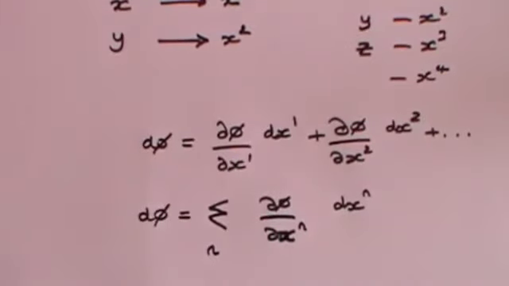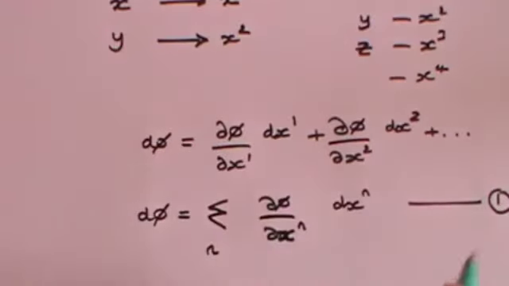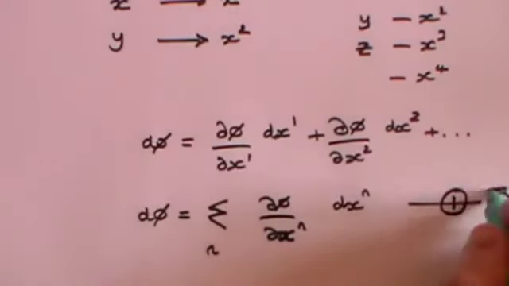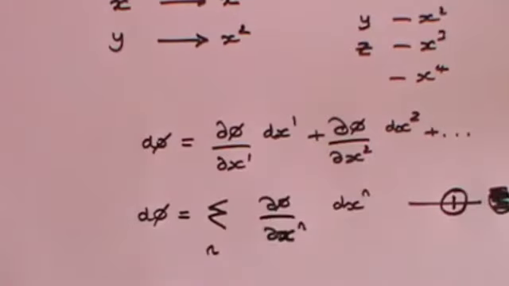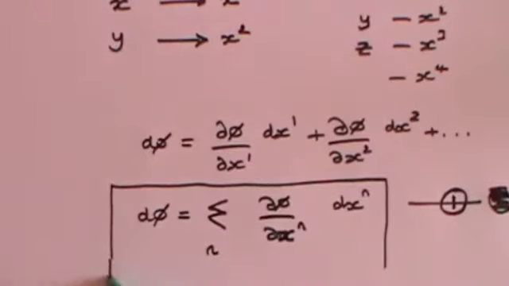So this is a very handy way of summarising the change in the value of the field according to all of these values. And you'll notice that n is the summation term. You have to do this for all values of n. Here, I'm only having 2 dimensions. But however many dimensions you have, you need that number of terms. And I'm going to call that equation number 1. And I'll put a box around it so that when we refer to it later, you'll be able to spot it.